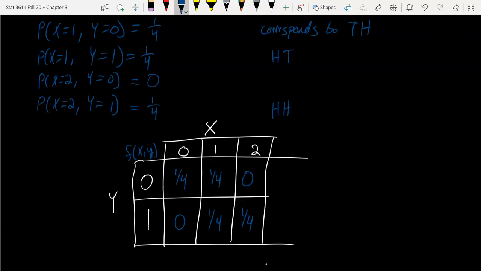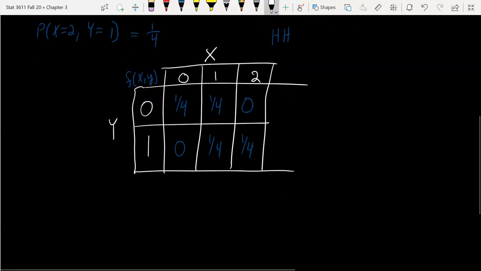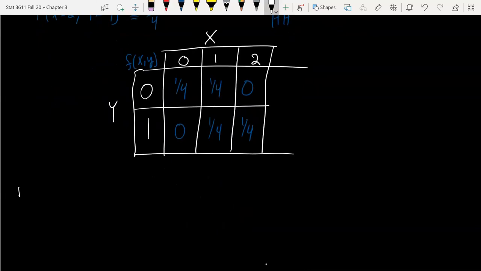Anything that's not specifically specified here is assumed to be 0, just like with a regular probability mass function. Okay, so with this in mind, let's take a look at the definition of a joint probability distribution.